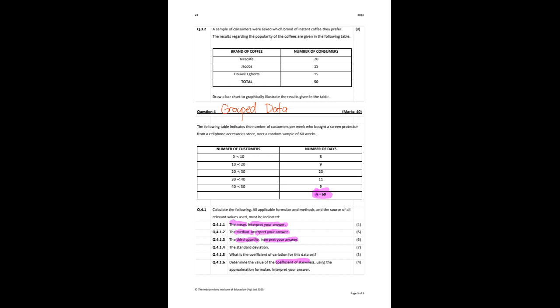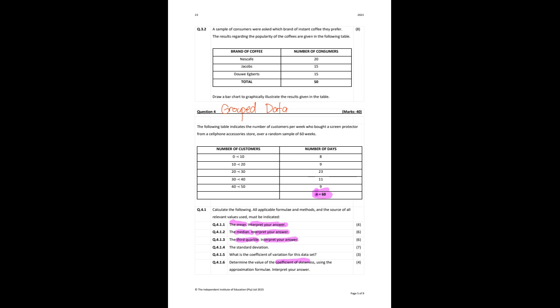So, again, back to question 4. They had asked you for the specific questions. So, your mean, median, your third quartile, your standard deviation, your coefficient of variation, and your coefficient of skewness.